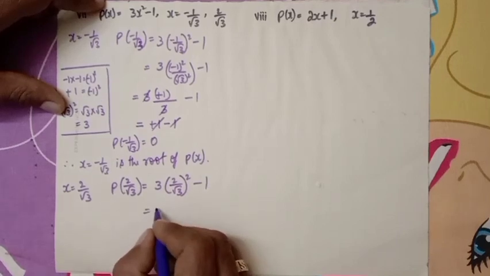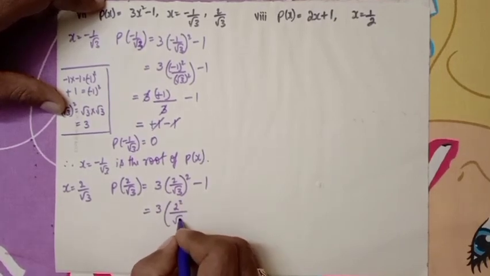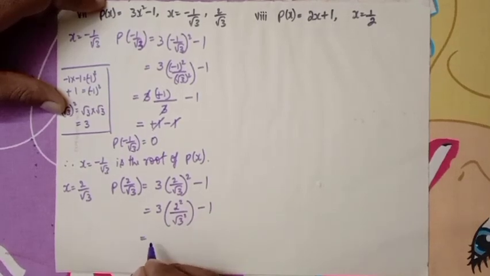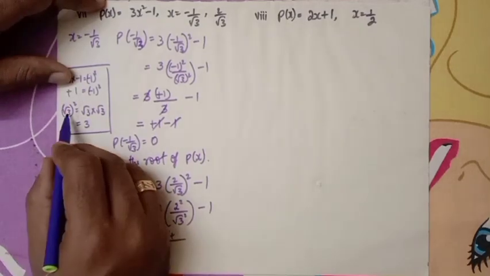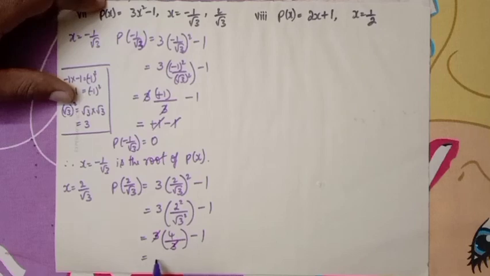So 3 into 2 square by root 3 square minus 1, which equals 3 into 2 square is 4, root 3 square as it is here, minus 1. So 3 cancels, which equals 4 minus 1, which equals 3.